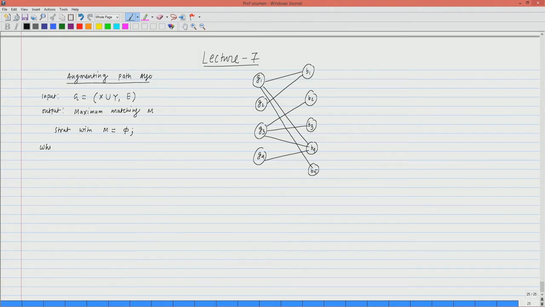So, while there is an augmenting path P with respect to M, you do the following.